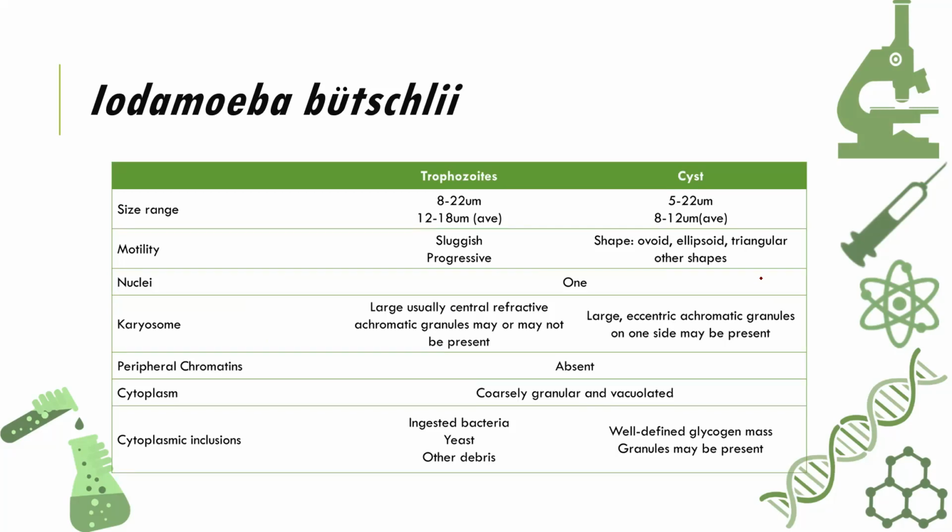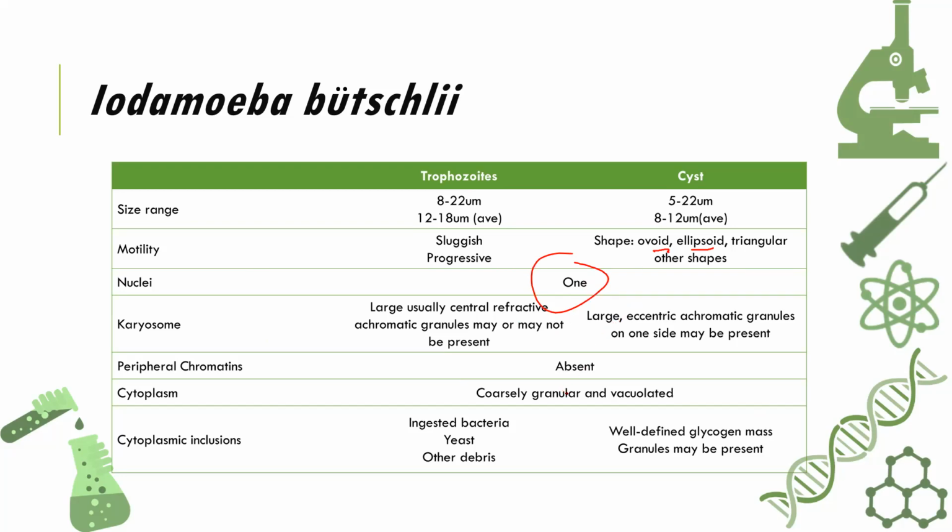Next is we have your Iodamoeba bütschlii. Okay. It is also ovoid and ellipsoid. Teka lang sir, triangular, other shapes? Yes, this is possible. Okay. And Iodamoeba bütschlii, meron lang din siyang one nucleus.